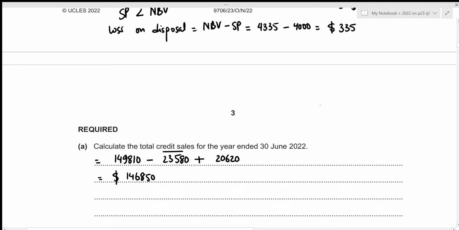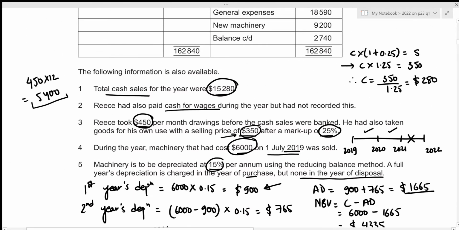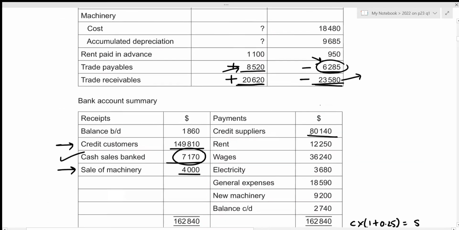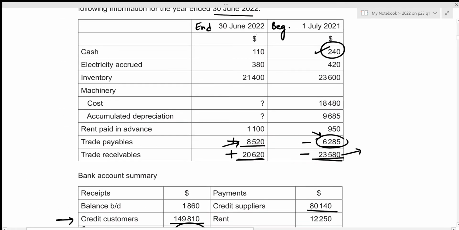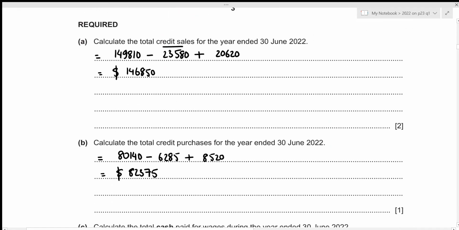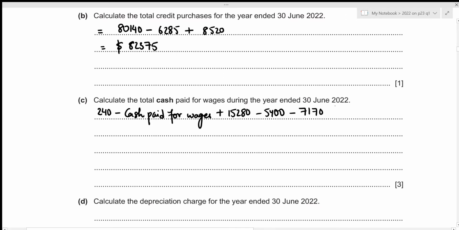Okay, I don't think there is any other cash transaction. Yeah, we have recorded all of it, so we can now just equate this cash flow to our ending balance. And the ending cash balance was given to be 110. Let's write it down. So this will be equal to 110. Now we can easily solve this equation in order to figure out the cash paid for wages.